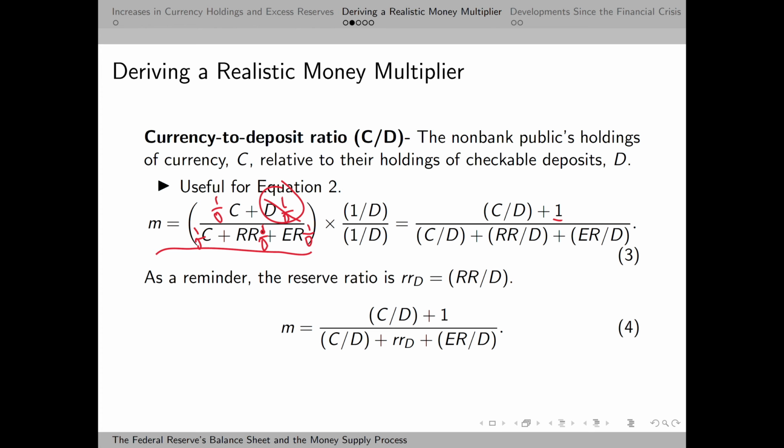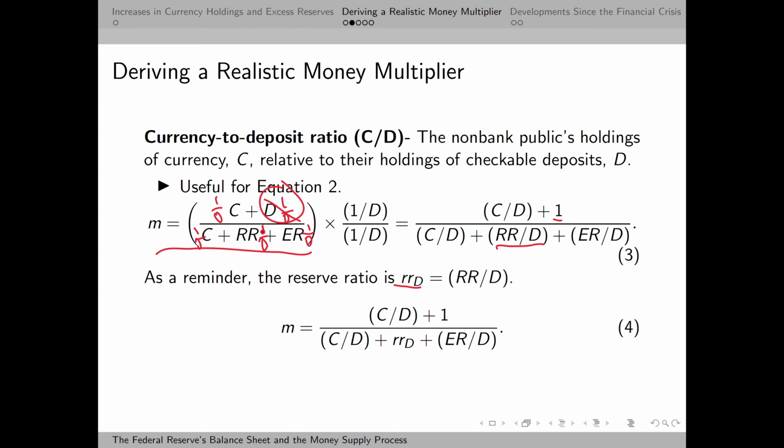Wait a second. We can see this term right here is the required reserves over the total deposits, which we know is the reserve ratio and is also externally set by the Fed. So let's substitute that in to get equation 4.